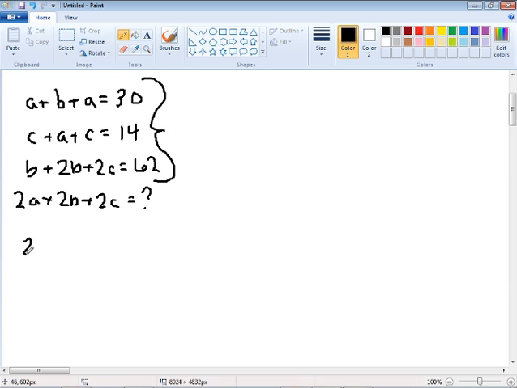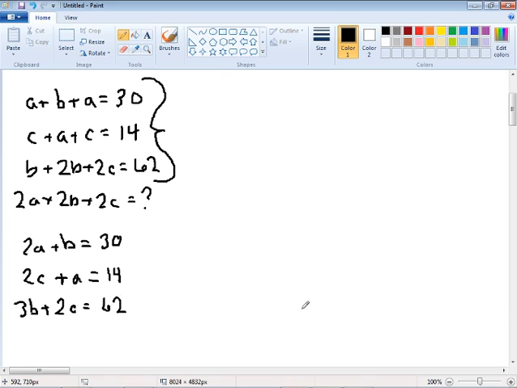The first one is going to be 2A plus B is equal to 30. And this is going to be 2C plus A is equal to 14. And this one's going to be 3B plus 2C is equal to 62.